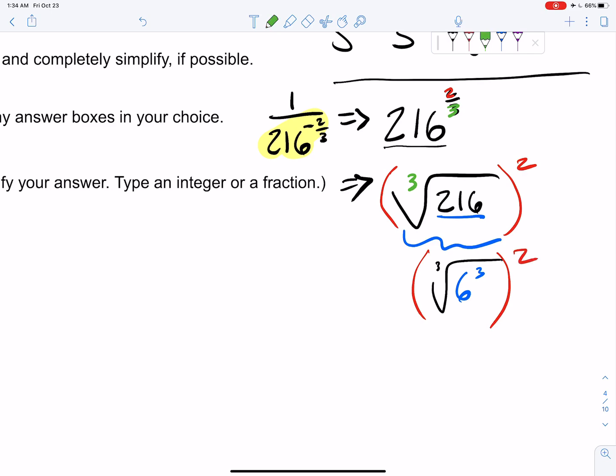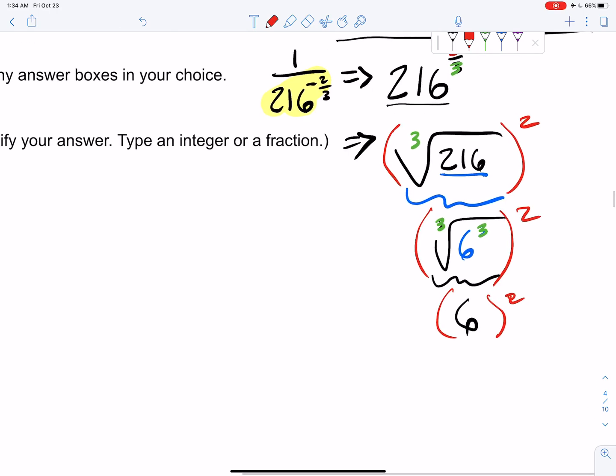The beautiful thing is the power of 3 and the index of 3 inverse or undo each other, and we're left with 6. Now don't forget that this is raised to the 2nd power, and we end up getting 6 squared, which is 36.